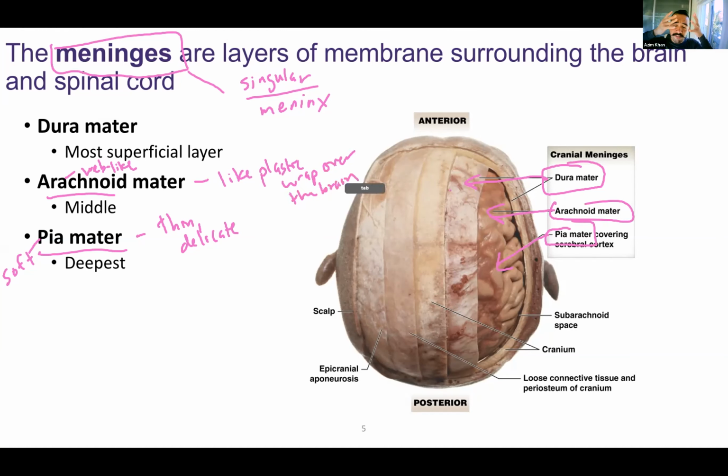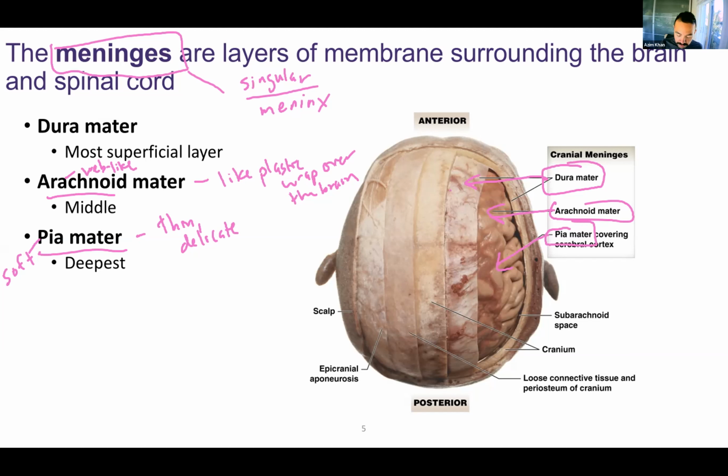It holds down blood vessels. It's thin. You can kind of see through it. It's a little hazy. With enough force, you can tear it. So it's not as delicate as pia mater, but you can peel it off, and it's flimsy and it's thin. You can kind of see through it.